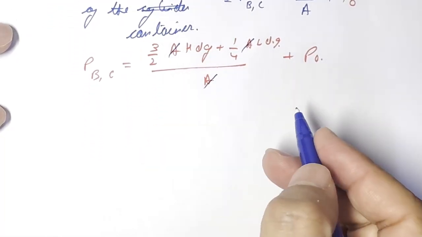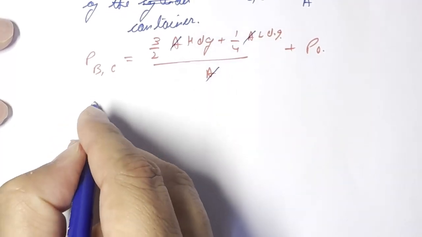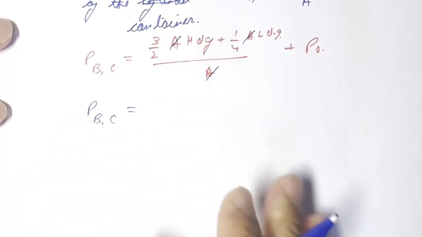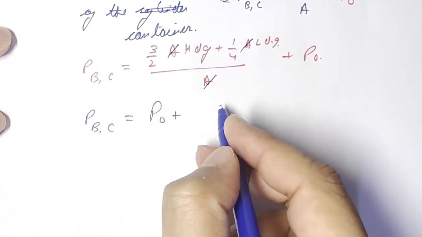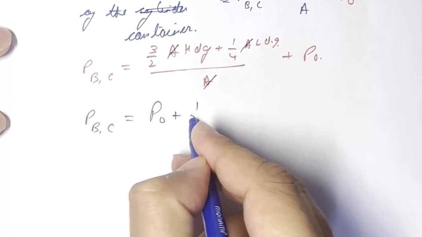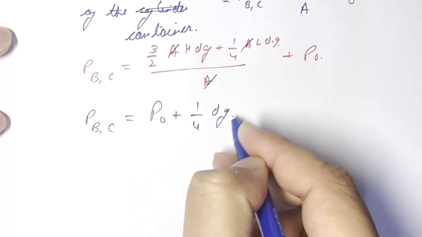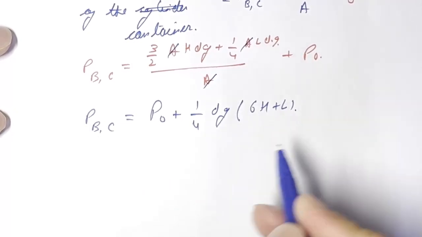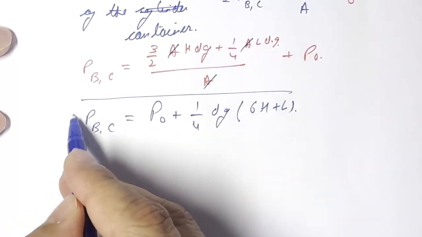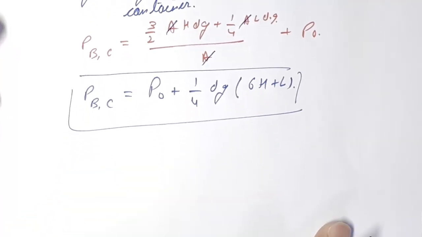So therefore we can write that our pressure at the bottom of the cylinder will be equal to, we just readjust the terms, and this will be giving us 1/4 dg times (6h plus L). So this is the pressure at the bottom of the container.